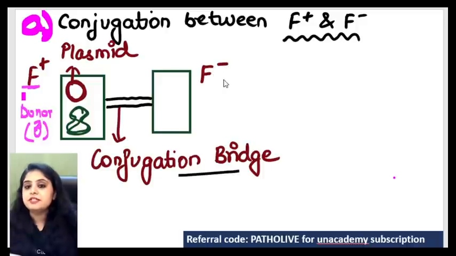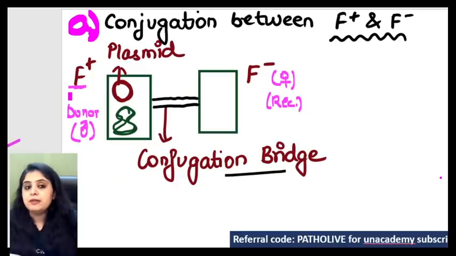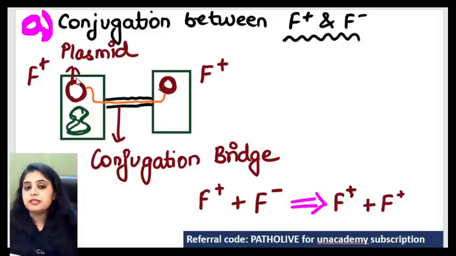This doesn't have the fertility factor, so I call it the female bacteria or the recipient bacteria. Now what am I going to do? I am going to replicate this plasmid and give it to the recipient bacteria via that same bridge. No bacteriophages over here. So this is going to replicate and go to the recipient.